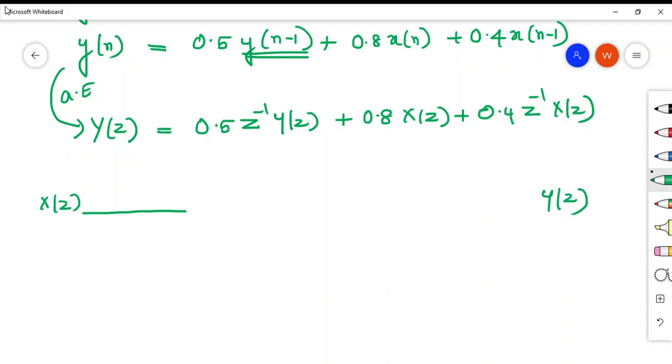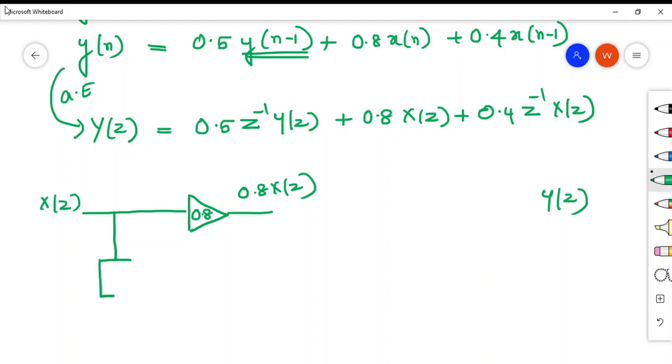So the multiplying factor or the constant is 0.8. So just add a constant multiplier with the value 0.8, and what we are supposed to get is 0.8 x of z. Now the next term you are having is z inverse x of z. So when it comes to z inverse, you have to take the unit delay element from this side, because here you are having 0.8 x of z, but you need 0.4 z inverse x of z.